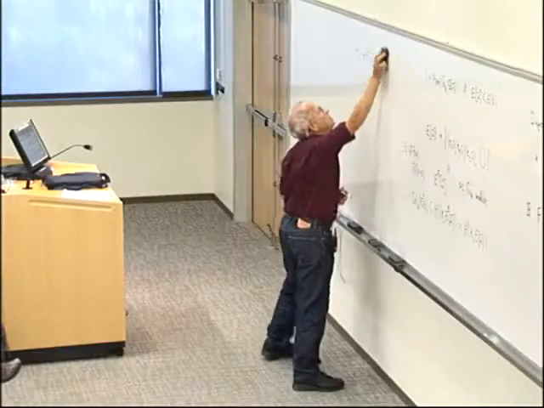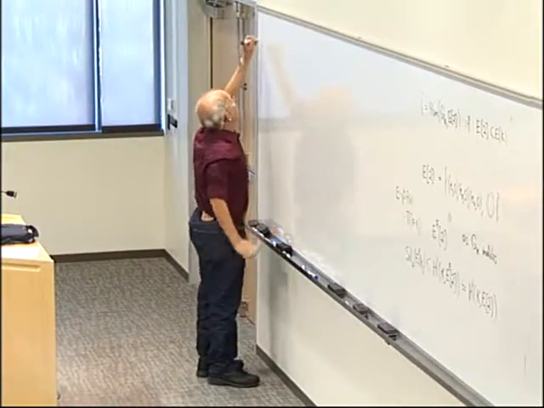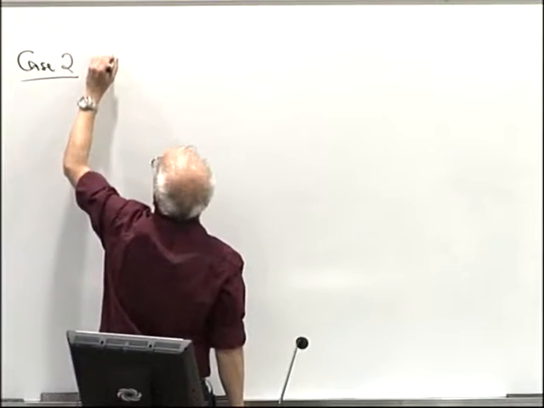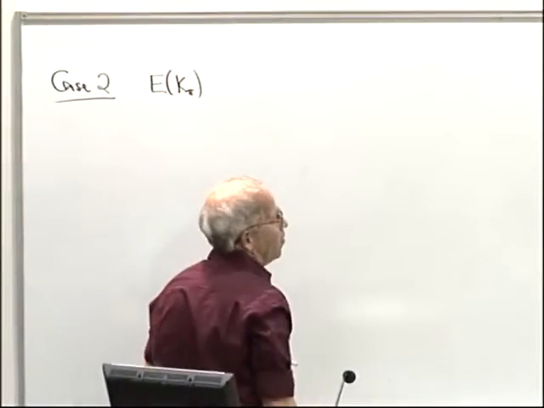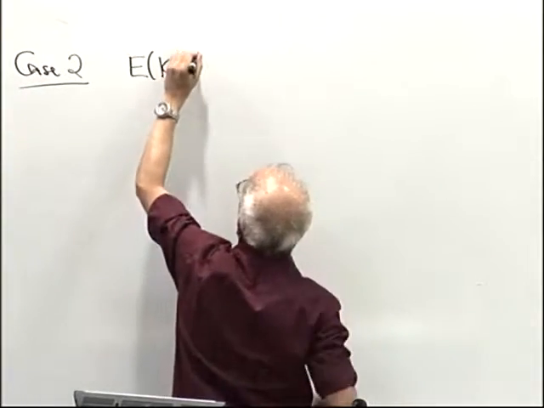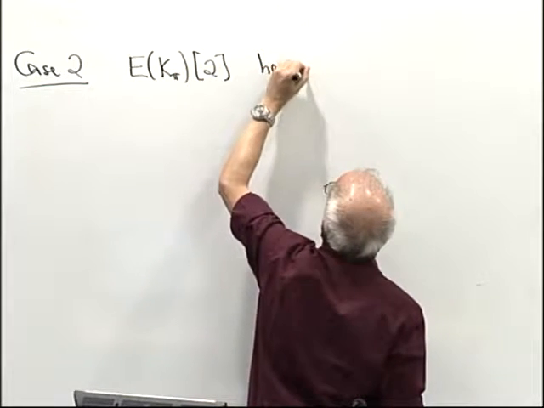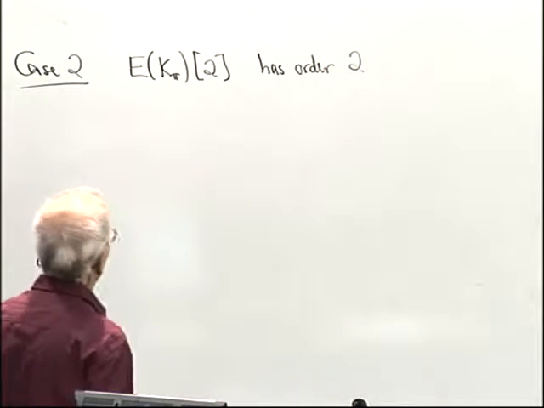Okay. So that's maybe the least interesting case. So case 2 is going to be the case where if we complete at this chosen prime pi and we ask for the 2-torsion, this has order 2. So there's some 2-torsion, but not full 2-torsion locally.